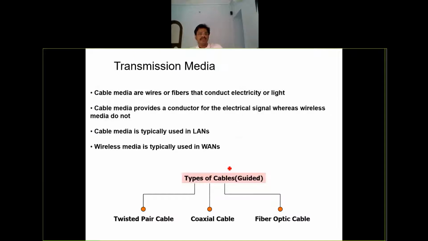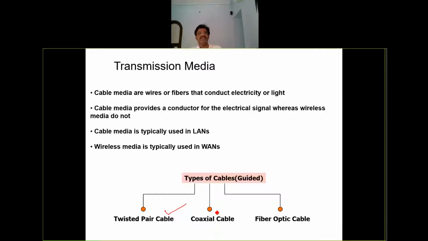The local area network for our entire campus is a star topology. For the star topology, we specifically prefer the twisted pair cable. We are not at all utilizing coaxial cable.